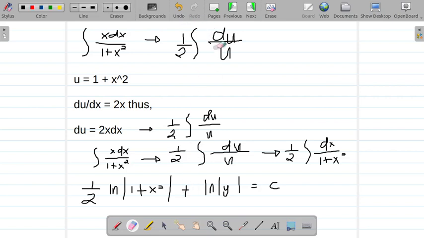Then, we have seen the value of du, which is 2x dx. Afterwards, we integrate du over u.